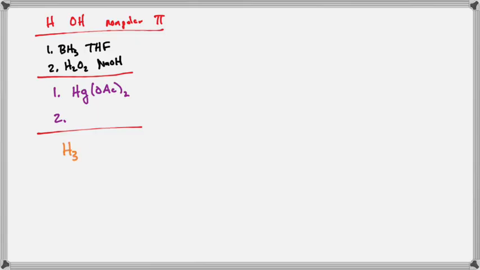Yeah, I would argue the easiest of all of them, just adding H3O plus. Okay, so the mercury acetate, I will help you out just a little bit. It's 2 steps. What's the second step? It's not water, sorry. Sodium borohydride.